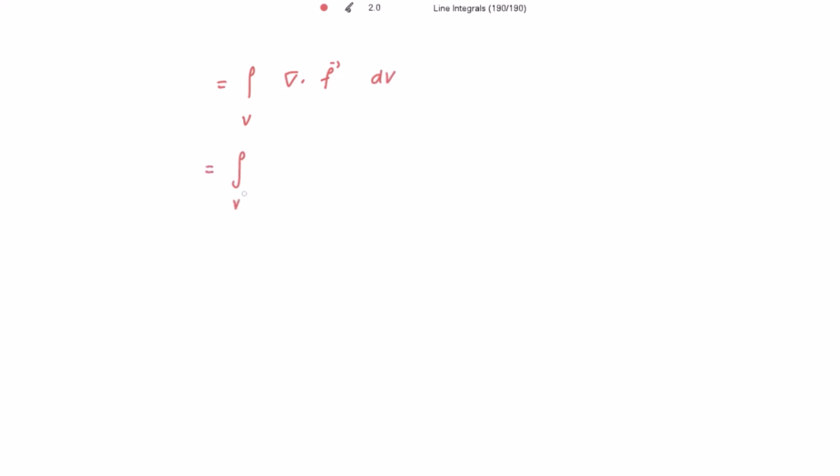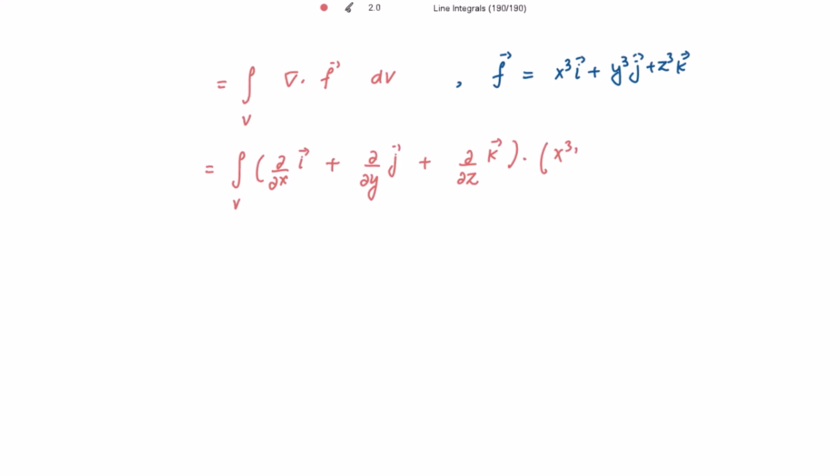So this is volume integral of curly by curly x i vector plus curly by curly y j vector plus curly by curly z k vector and its dot product with f vector, where f vector given to us is x cube i vector plus y cube j vector plus z cube k vector dv.